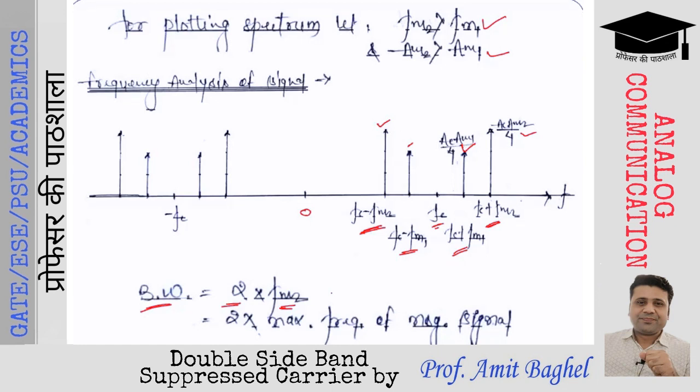So the highest frequency component exists at fc plus fm2 and the lowest frequency component exists at fc minus fm2. Hence the difference will be 2 times fm2. So the bandwidth of the modulated waveform will be 2 times fm2, or 2 times the maximum frequency of the message signal.